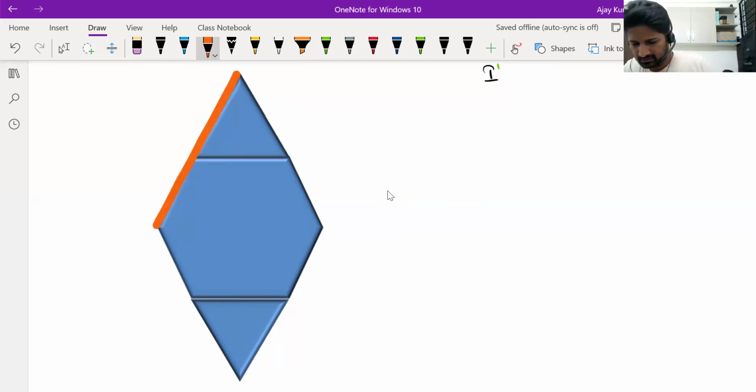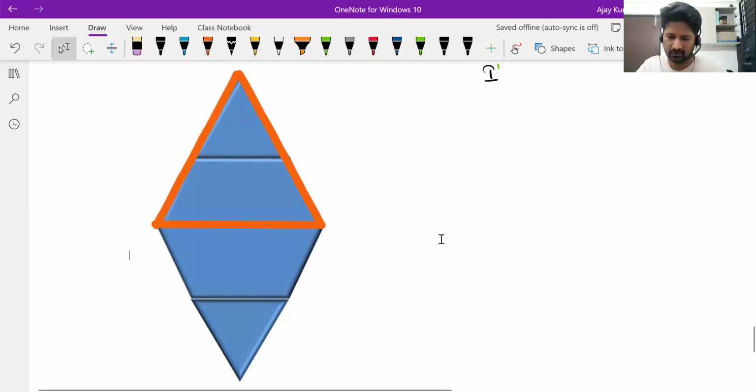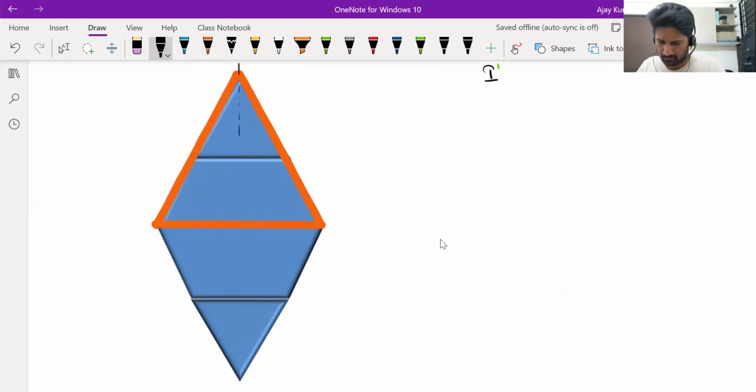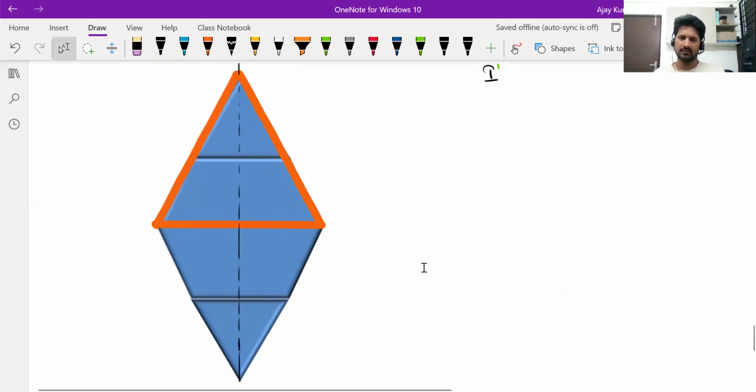One is this. The other is on the bottom side. And what is the axis about which we want the moment of inertia? This vertical axis, the y-axis. And however much moment of inertia that upper part has, the same moment of inertia the lower part also will be having.